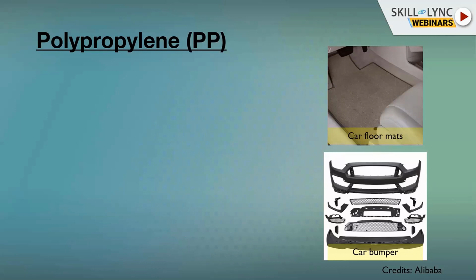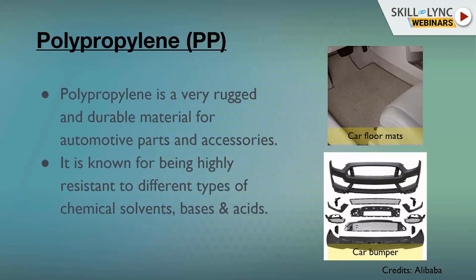Apart from that, polypropylene, which is also commonly known as PP, is also used in chemical tanks. Why so? Because polypropylene is a very rugged and durable material for automotive parts and accessories. It is also highly resistant to different types of chemical solvents, bases, and acids, and that's why it is also used for chemical tanks.